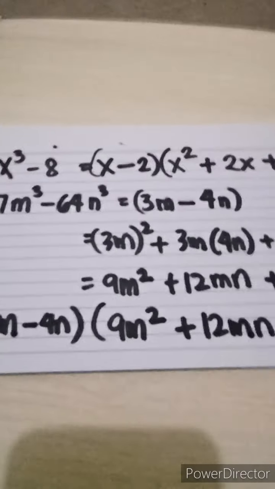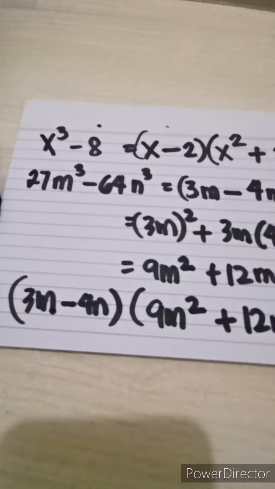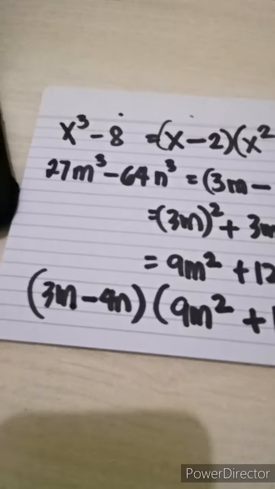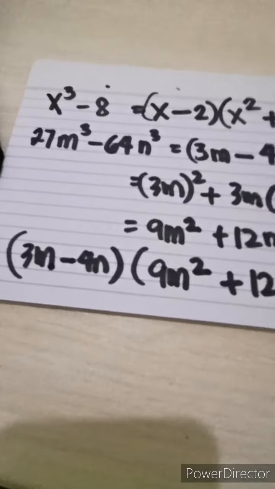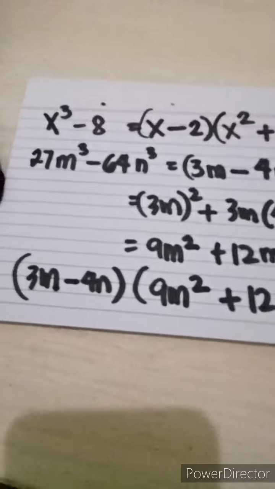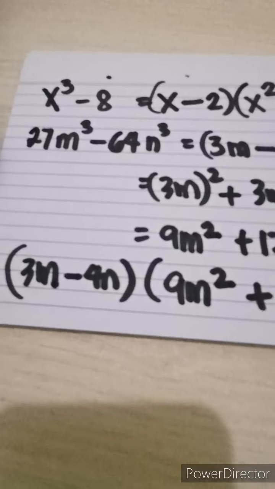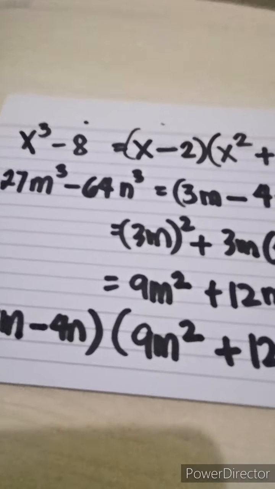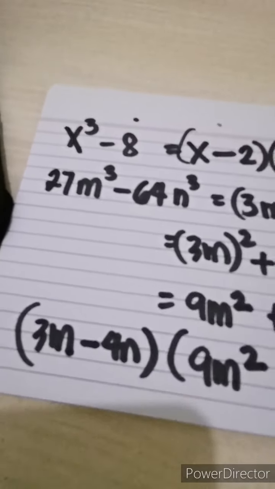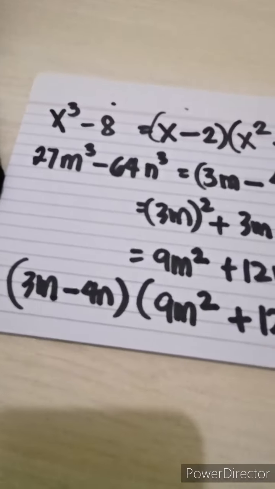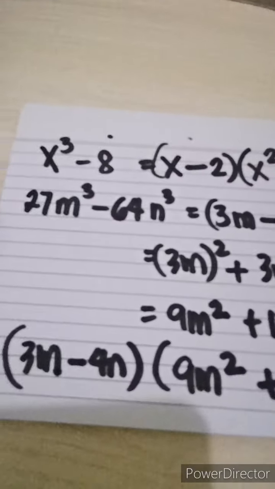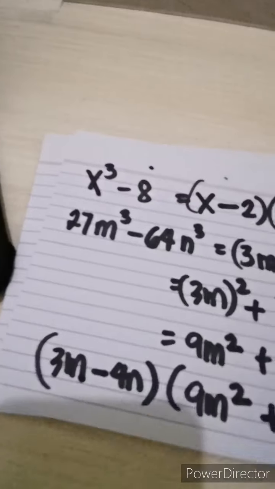So, ang technique lang dito, alamin nyo muna kung siya ay perfect cube or kung ano ba siya para alam mo kung ano yung gagamitin mo na factoring method. Kung siya ay perfect square, yung unahan at saka hulihan, therefore, ang gagamitin mo ay yung difference of two squares. Pero kung siya ay katulad nito, na cube, parehas na perfect cube, yung una at saka huli, therefore, ang gagamitin mo naman is yung sum and difference of two cubes.